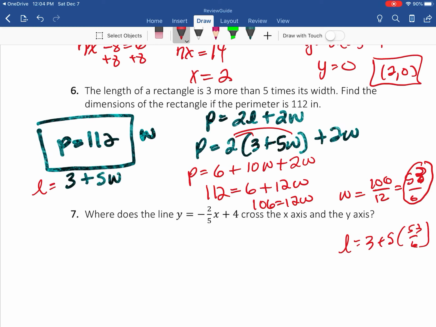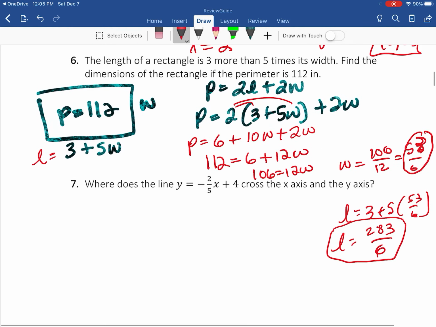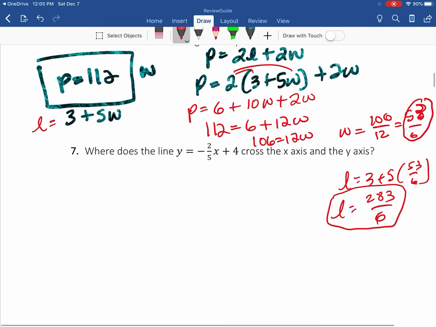So 53 divided by 6 times 5 plus 3 gives me, sorry about this, guys, 283 over 6. So our length is 283 over 6, and our width is 53 over 6. Really sorry about that. As long as you understand the process, you should be good on getting to the answer.